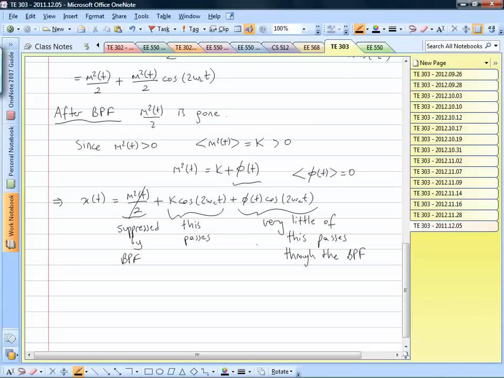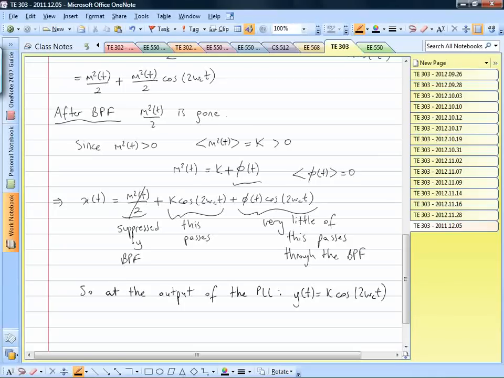So the signal at the output of the PLL, what we get is y of t equals k cosine 2 omega ct. Okay, so that's good.